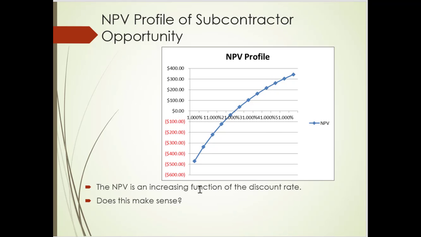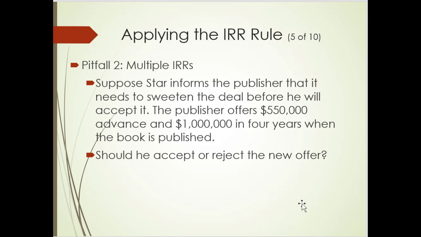So this gives us an increasing function, which doesn't make sense from an investment perspective. So again, this particular project, this delaying of a contract, it seems that the internal rate of return is just not the right tool.